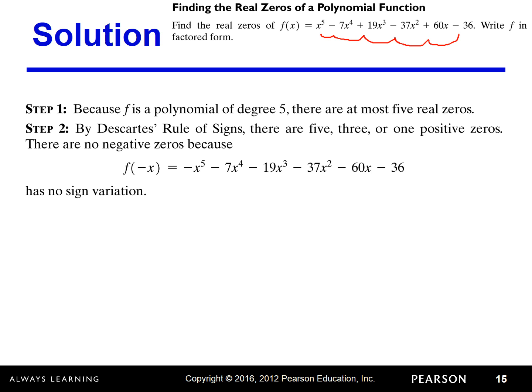But for f of negative x, there is no sign change at all. Everything is negative, and so there is not going to be a negative 0.